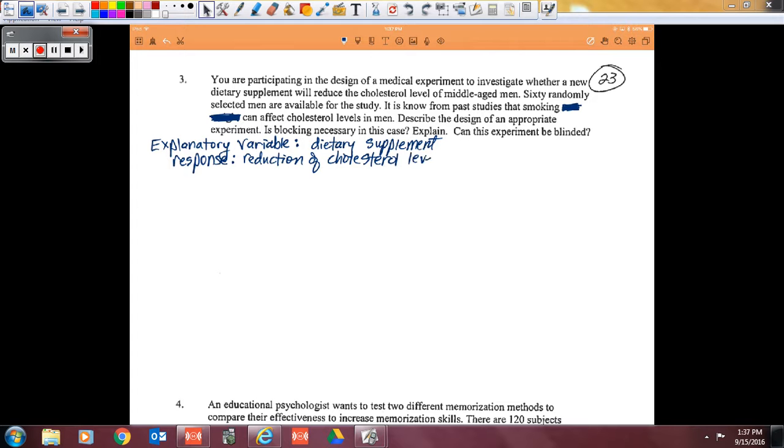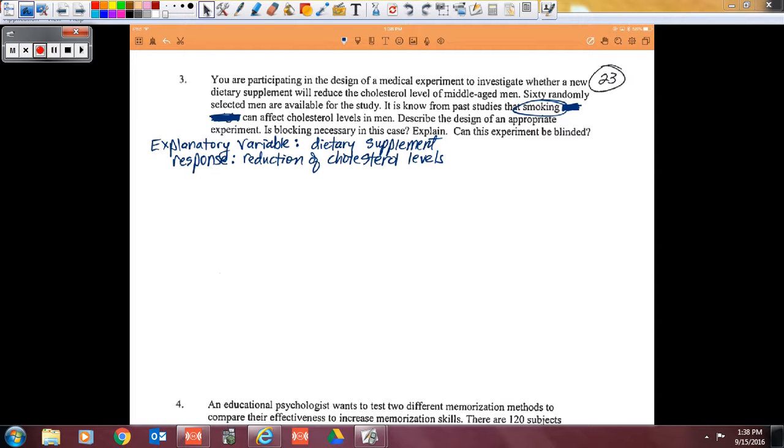Okay, now, they give us some information of something that could be a confounding variable. What is it that could also affect cholesterol levels? Smoking. They're saying, hey, watch out. We're afraid that smoking can affect it.